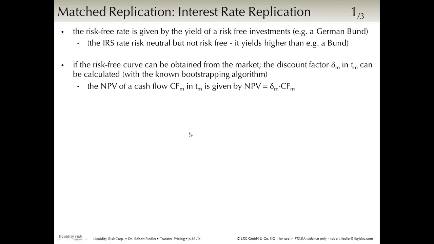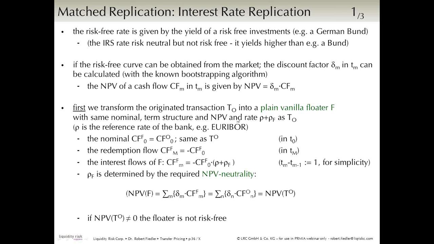We have the discount factors, and then we do the following: we take our originated transaction and transform it into a plain vanilla floater with the same nominal, the same term structure and NPV, and the rate rho plus rho F for floater, where there is a reference rate rho. The nominal is the same as in the originated transaction.